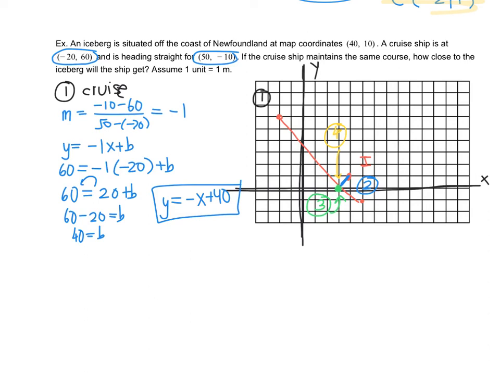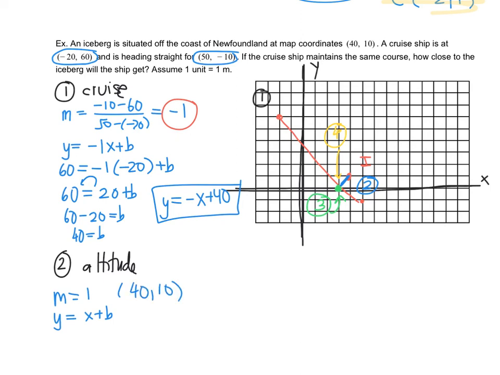Okay, but our second step from there was to find the altitude. And for the altitude, we know our slope is perpendicular to that -1 that we got up here. And the negative reciprocal of -1 is +1. So we have y equals 1x plus b. And the point that you're plugging in here is the iceberg, which is 40, 10.